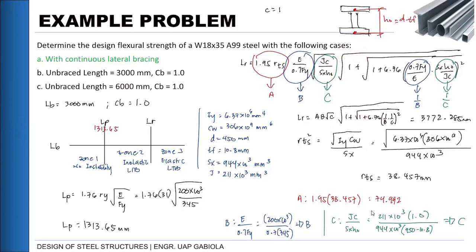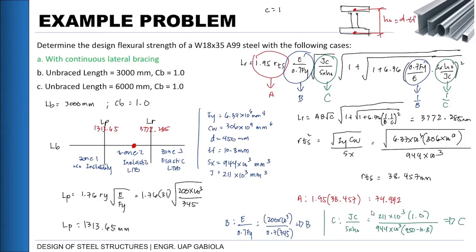Ayan. Okay, so upon calculating, ito yung nakuha natin, 3772. Kung makikita natin dito, lalagay natin 3772.285. So, ibig sabihin, yung value natin na 3,000 is in between itong 11313 tsaka 3772. So, somewhere siya dito, no? Yan, sabihin natin nandito siya.